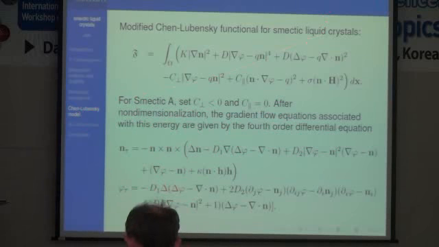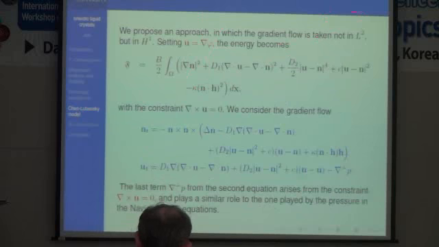So instead of having this, we take u equals grad phi, then this energy only has the first order gradient, and the corresponding Euler-Lagrange equation or gradient flow equation will have only the second order. With this constraint, this becomes just the Laplace of u. So we have these nice equations, but of course we have this constraint.